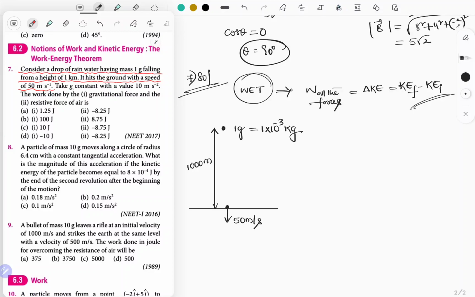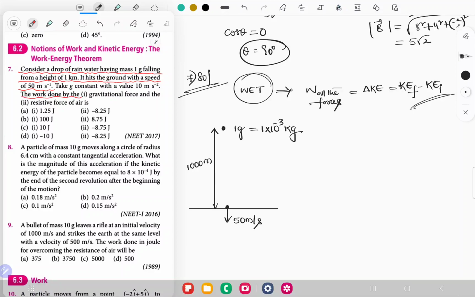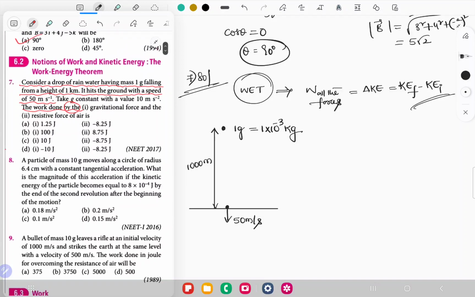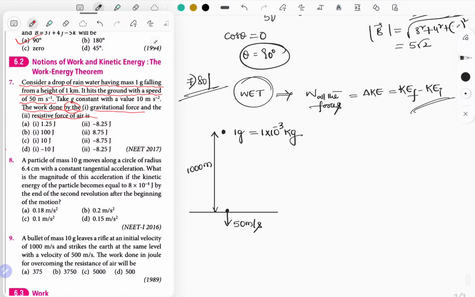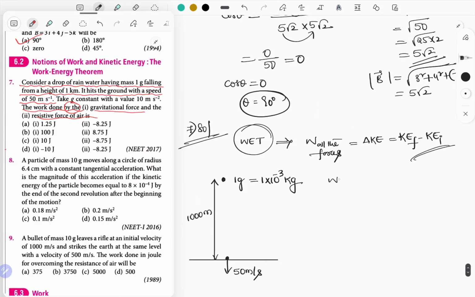What is the question they are asking? g is constant and its value is 10 meter per second square. We have to find the work done by the gravitational force and the resistive force of the air. How to find the work done by gravitational force? Simple formula, mgh.